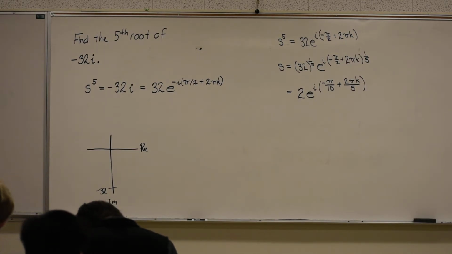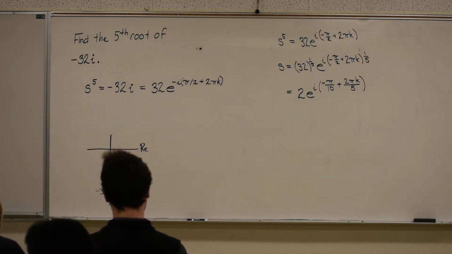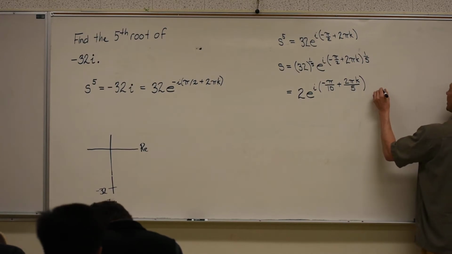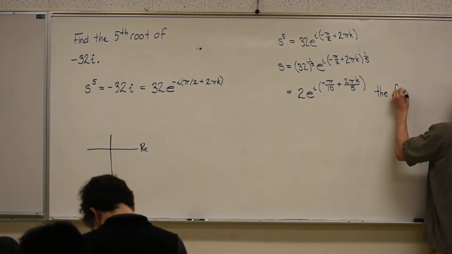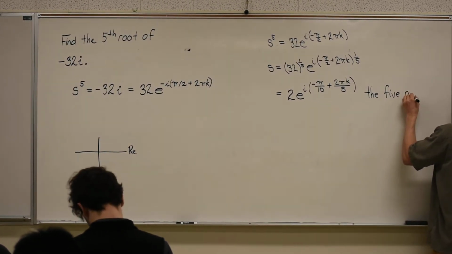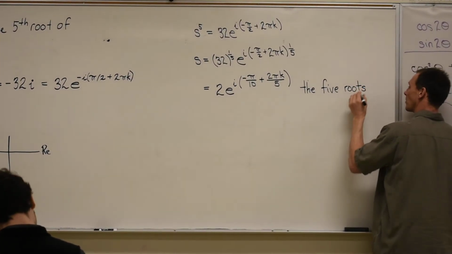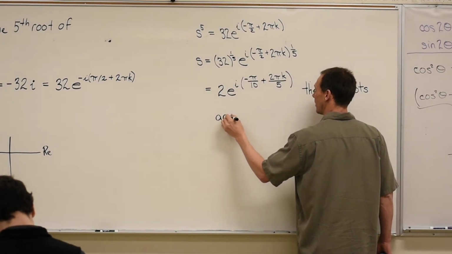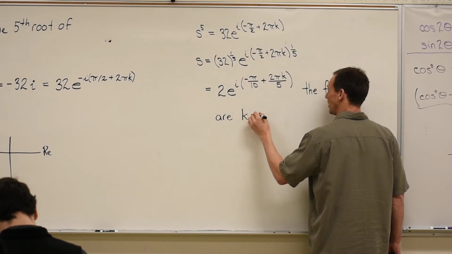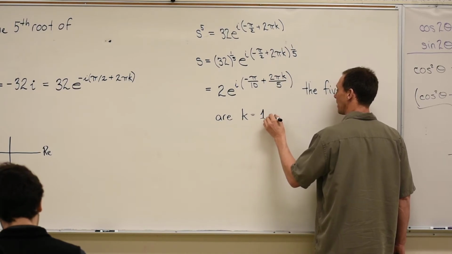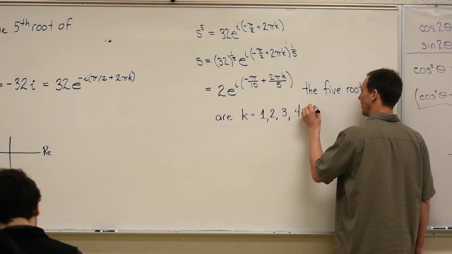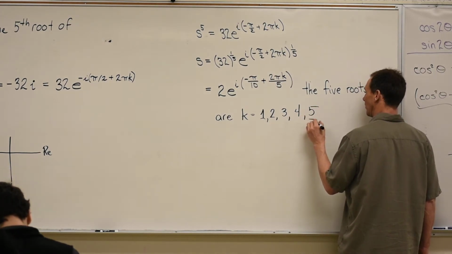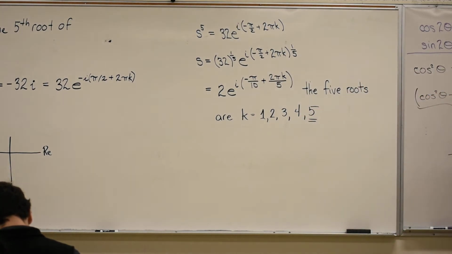So now, how many roots do we expect? 5. So all you have to do now is find the 5 roots. k equals 1, 2, 3, 4, and finally 5. And at 5 you should be back to where you start.